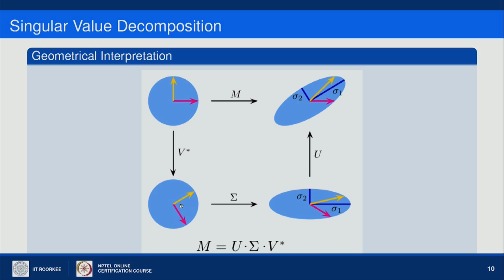Then I apply the diagonal matrix, which changes the scale and deforms the shape, so the circle becomes an ellipse, and finally you rotate the ellipse. So geometrically it is a series of 3 transformations, 2 rotations and 1 deformation.